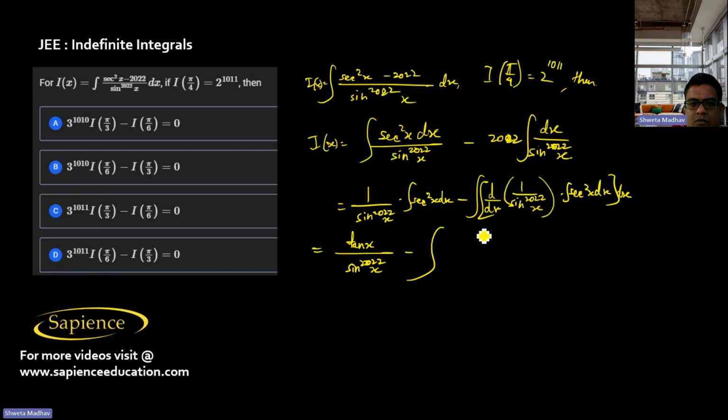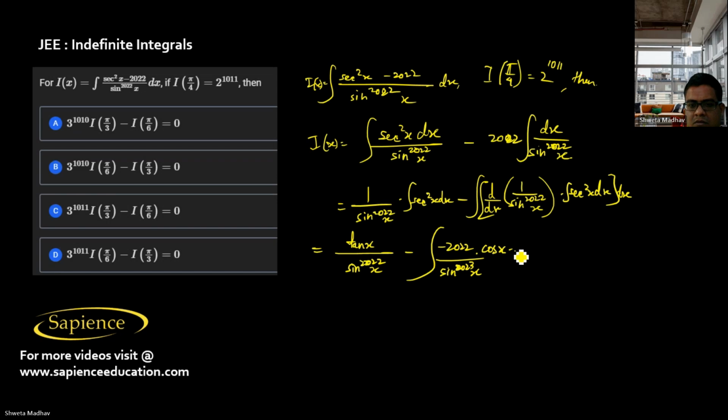so this will be equal to minus 2022 by sine power 2023 x into cos x, d by dx of sin x is cos x, into the integral of secant square x, which is tan x, dx.